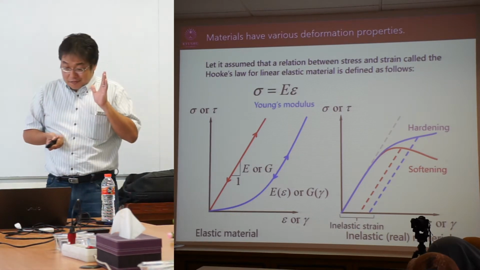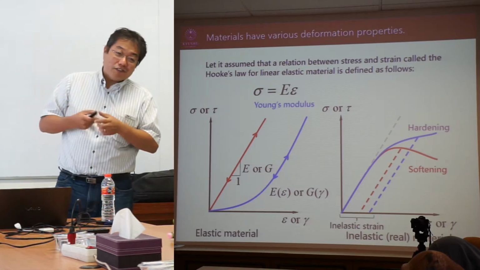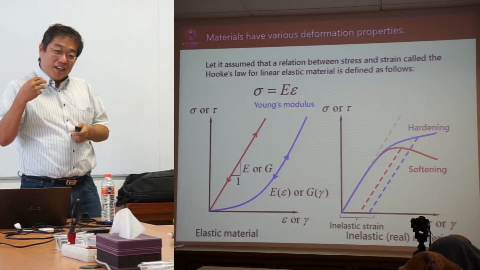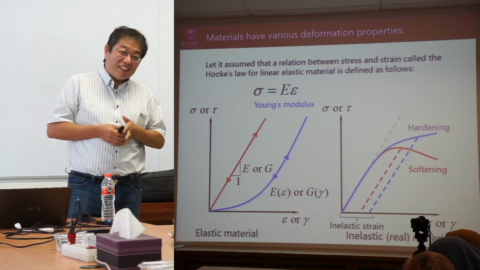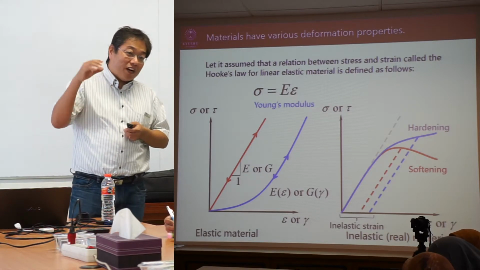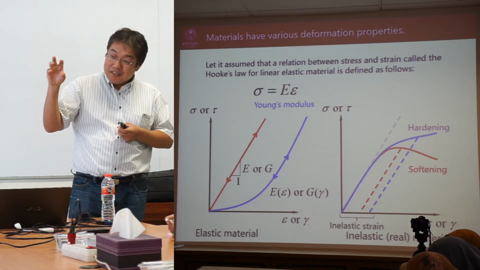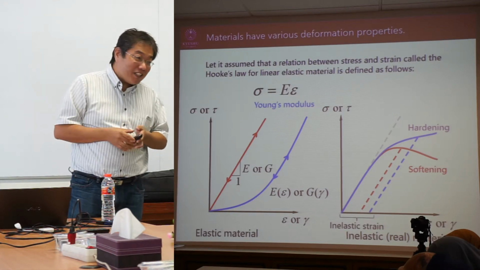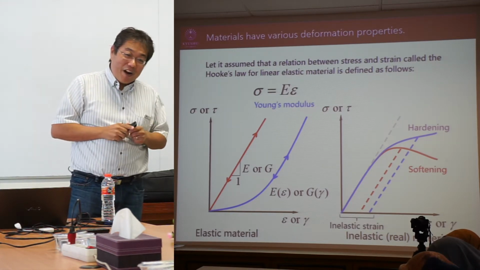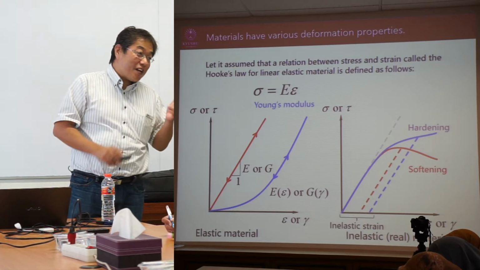But we have to consider well what kind of property occurs in the material. Sometimes very, very special materials exist. For example, shape memory alloy. You know the shape memory.